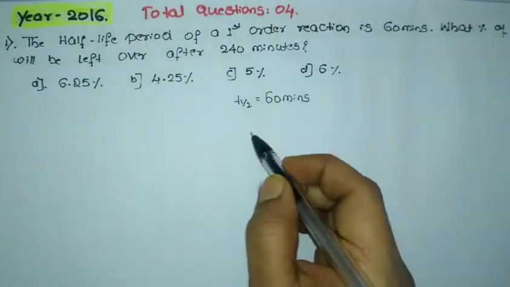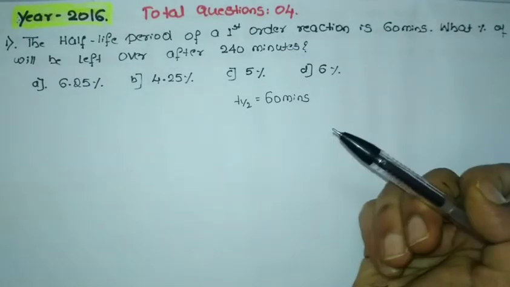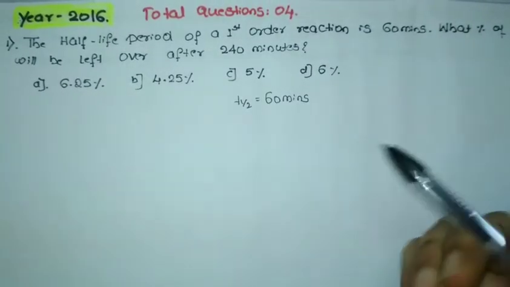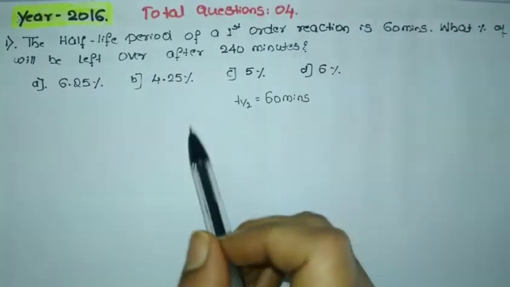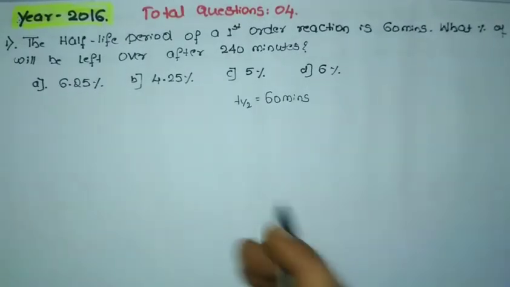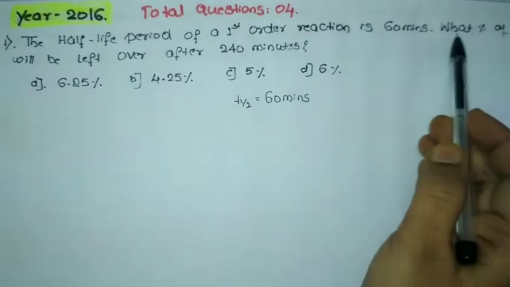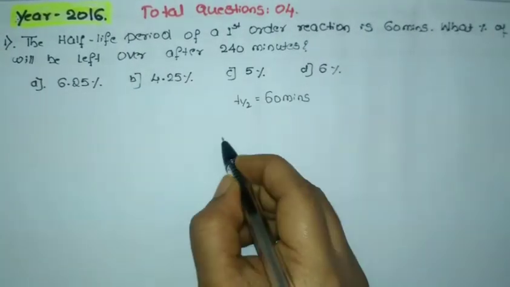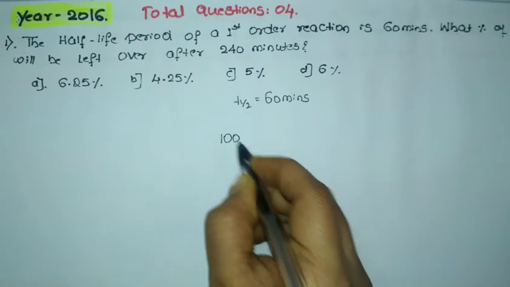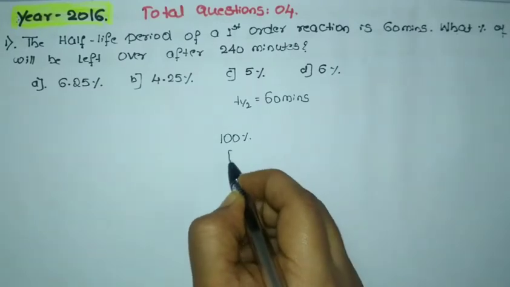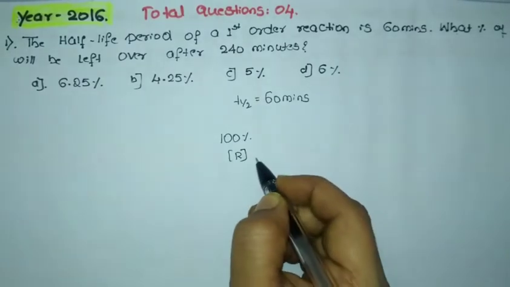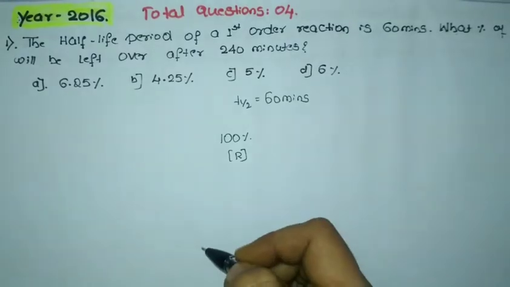So we need to find how much of the concentration of a reactant is left after 240 minutes. There is an easy way to solve this. Let us take initially 100% of a reactant, that is 100 gram.